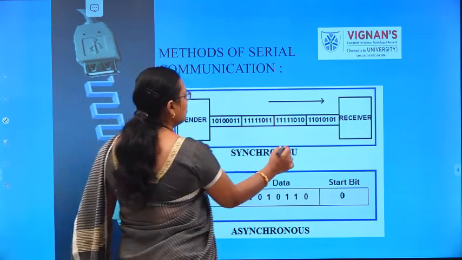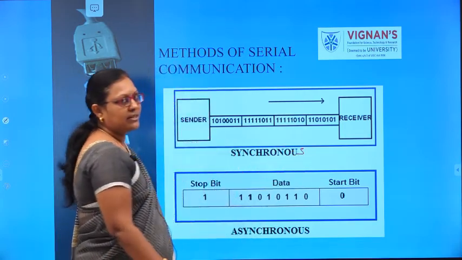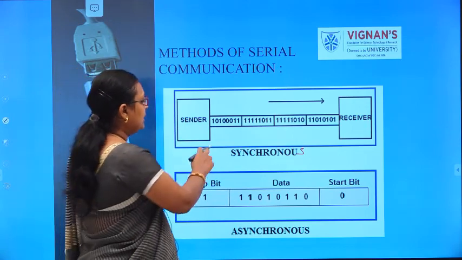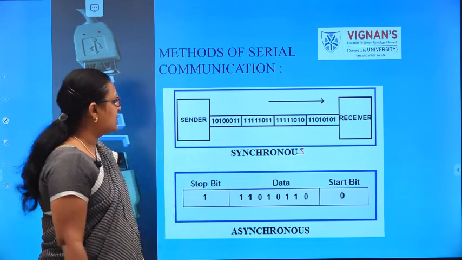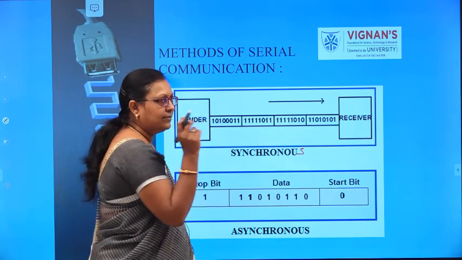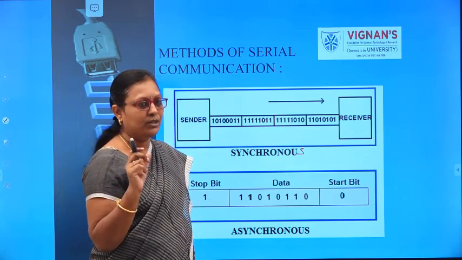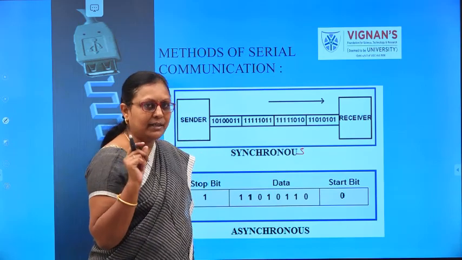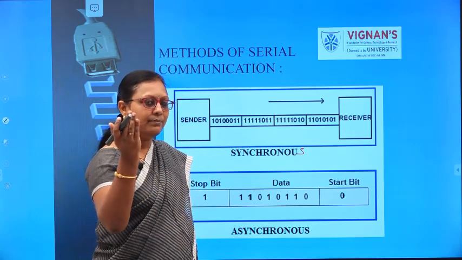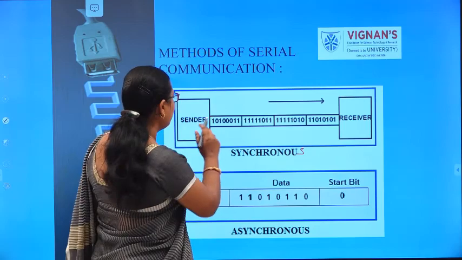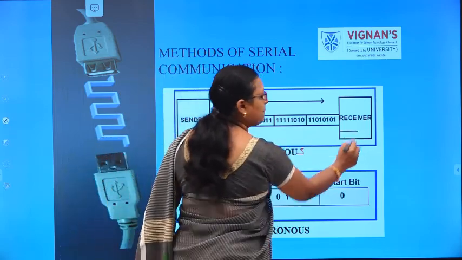This shows the methods of synchronous and asynchronous. In synchronous mode, generally a time period is set, using the clock period. For that particular time period, a bulk of data is transmitted from sender to receiver.